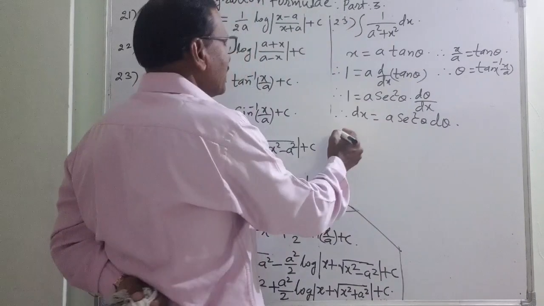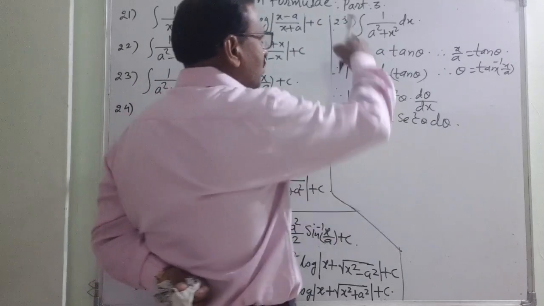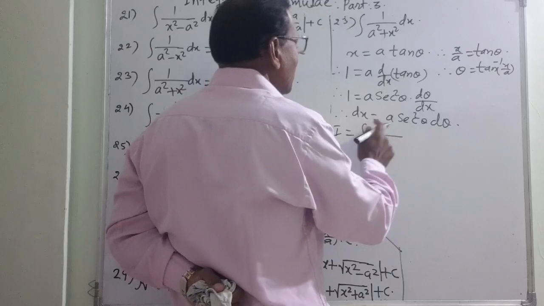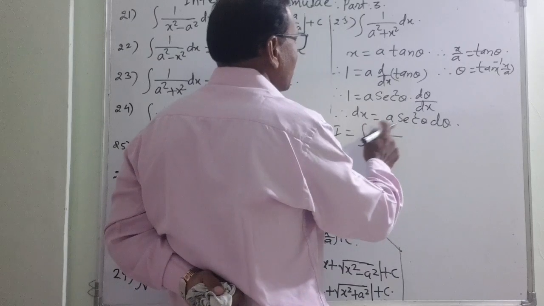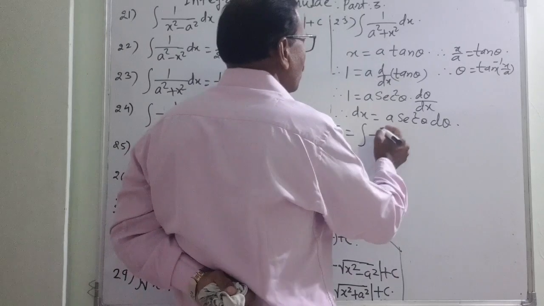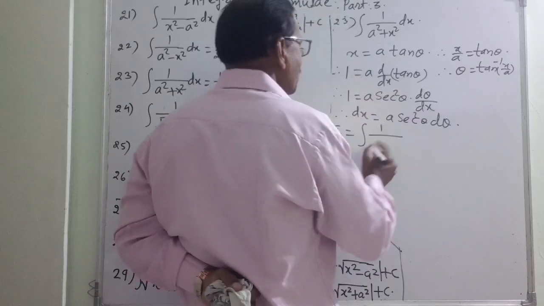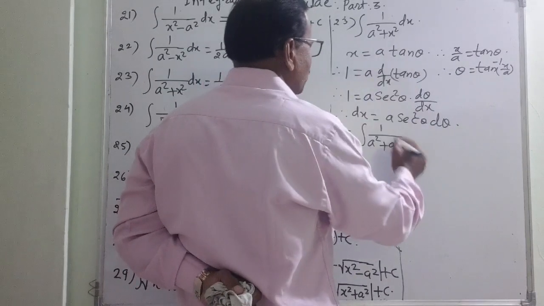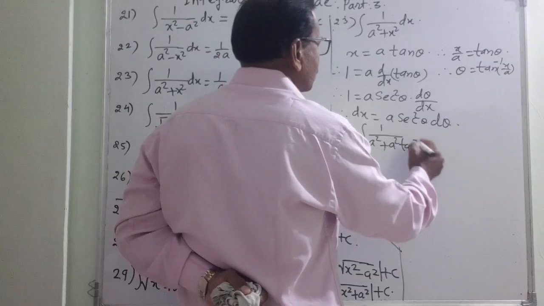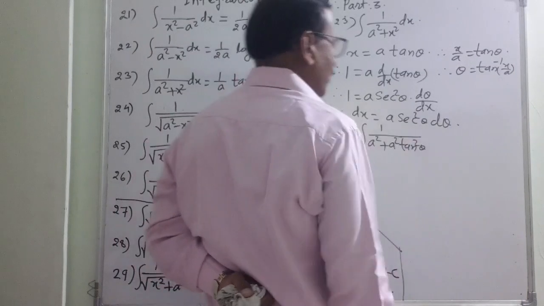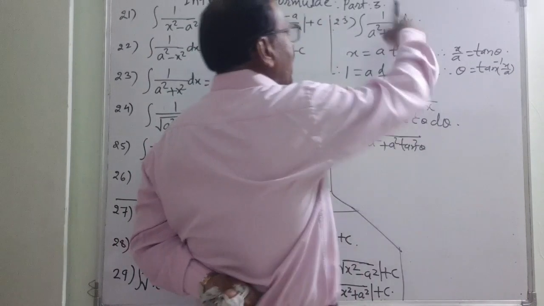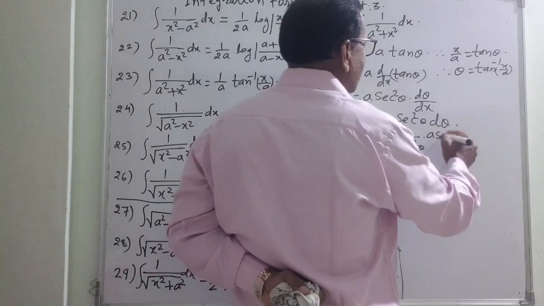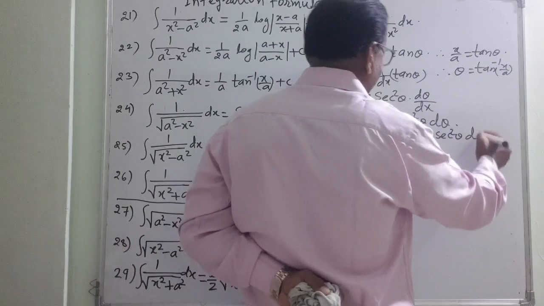Now our integration I is equal to 1 upon, that is dx. For the dx I will put the value. 1 upon a square plus x means a square tan square theta, and now dx, what is the value of dx? a sec square theta d theta.